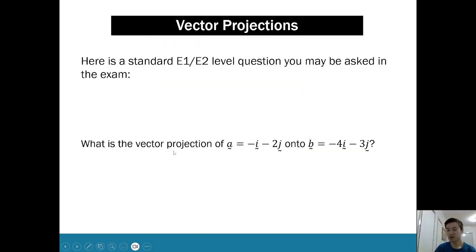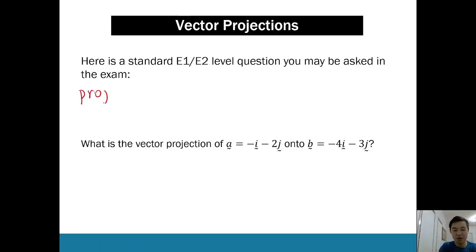So here's a standard E1, E2 level question you might be asked in an exam. What is the vector projection of A onto B? So here we've got -1, -2, so this is A, and -4, -3.